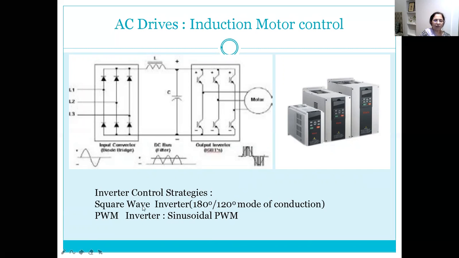Whereas the other control strategy, which is more popular, is called PWM inverter, where pulse width modulation techniques are used, like sinusoidal pulse width modulation, where the switches are turned on and off a number of times. The advantage is we can control the frequency as well as the magnitude of the voltage by using any of these control strategies.